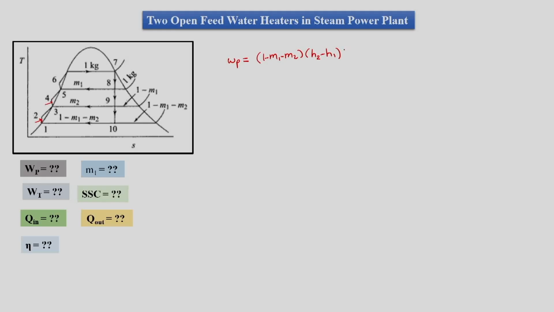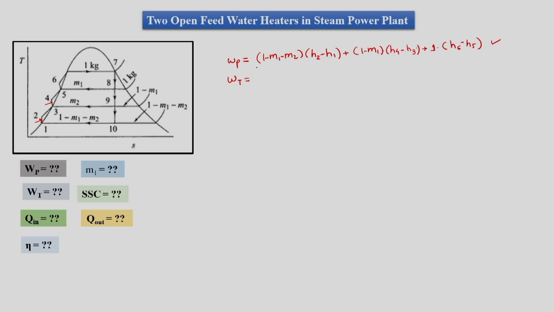Then the next pump handles mass 1 minus m1, since m2 is already mixed. And then we have the final pump which handles mass 1 and raises enthalpy from h5 to h6. So this is our complete pump work.